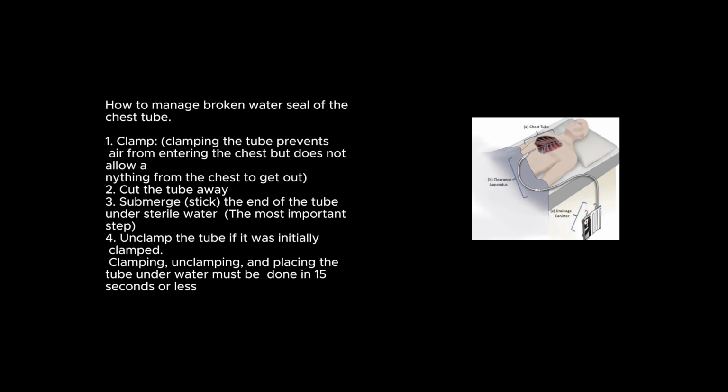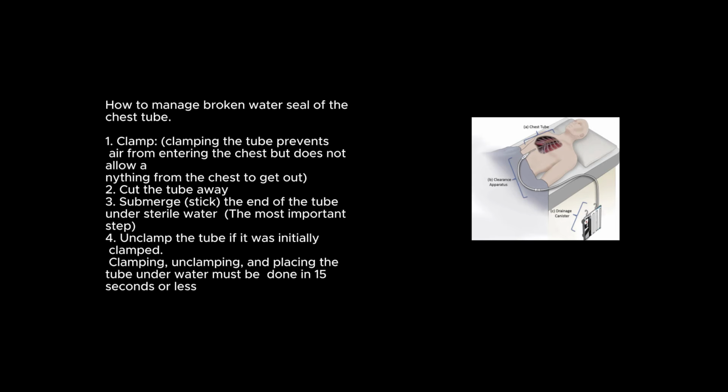First, clamp the tube, so as to prevent air from entering into the chest tube. Second, cut the tube away. After cutting the tube away, the next thing is to submerge the end of the tube under sterile water. Why are you submerging it under sterile water?